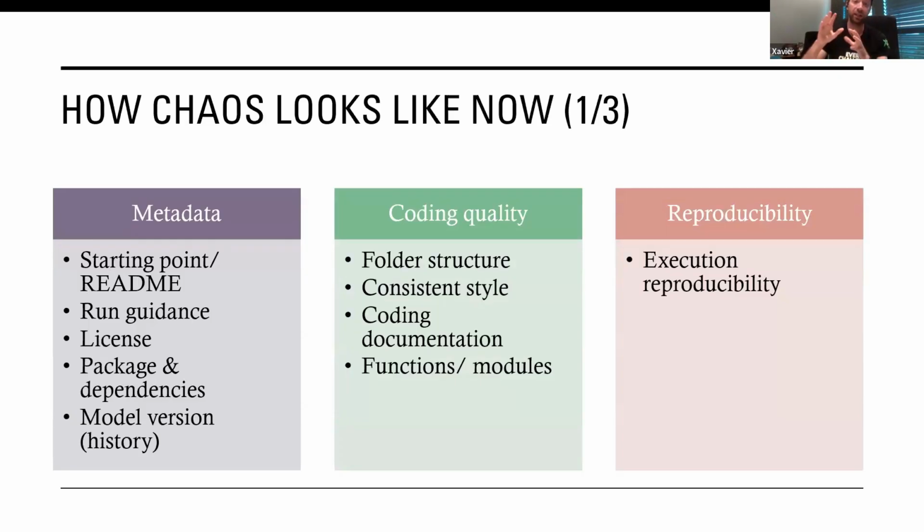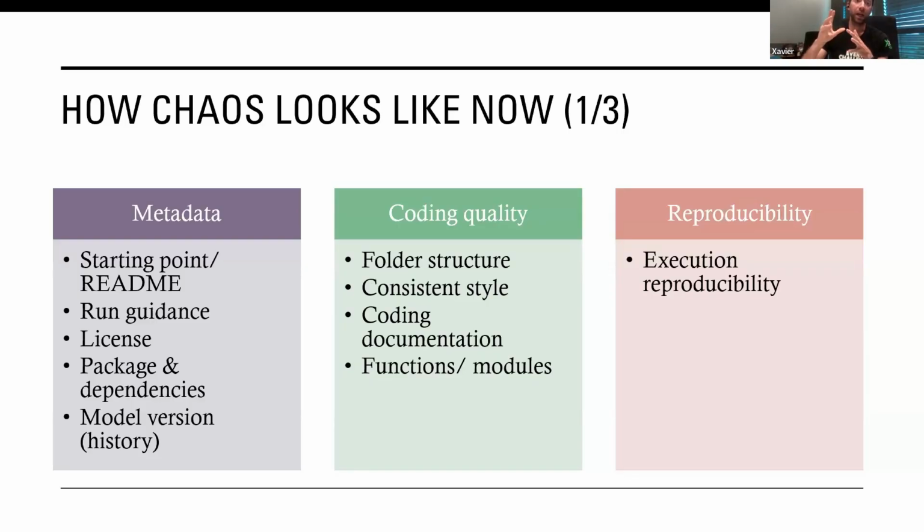So there is the metadata, the coding quality, and the reproducibility. Why is that last one in the checklist? That is because we think that by having a nice documentation of your model, you actually can help people to reproduce and reuse the model that you have developed.